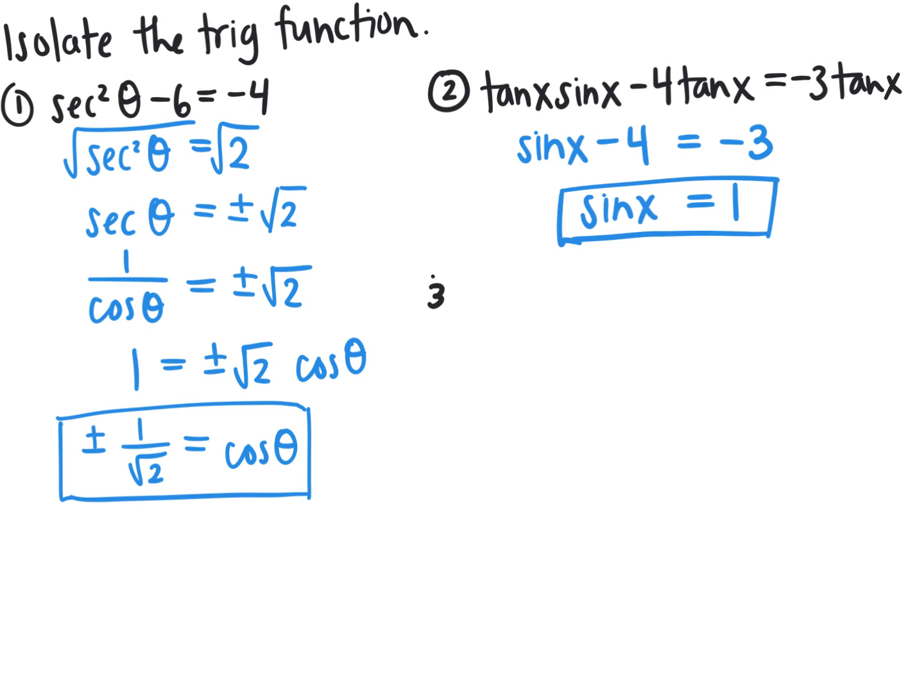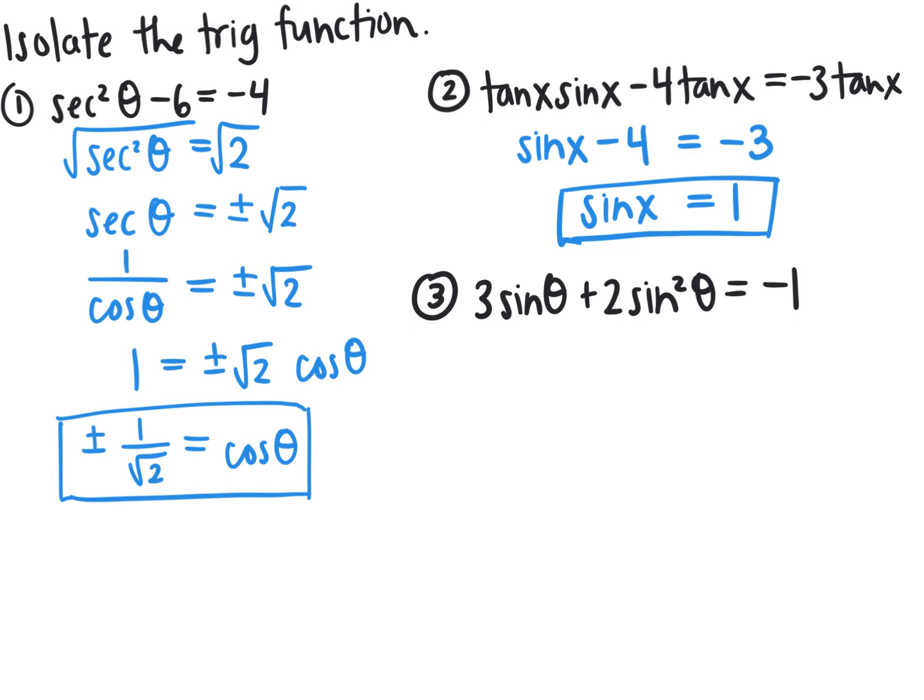Number 3, 3 sine theta plus 2 sine squared theta equals -1. Okay. I'm trying to treat sine as an x.